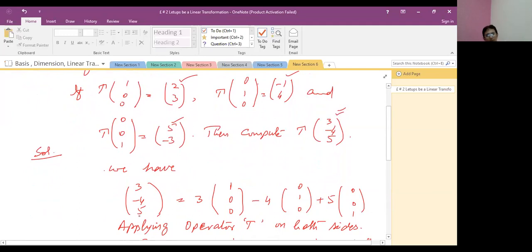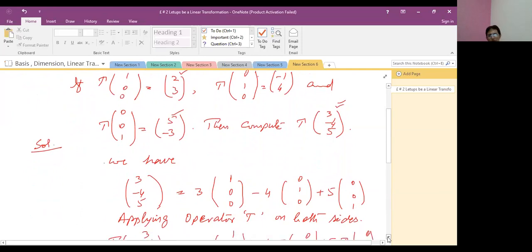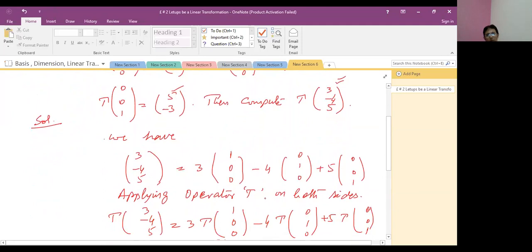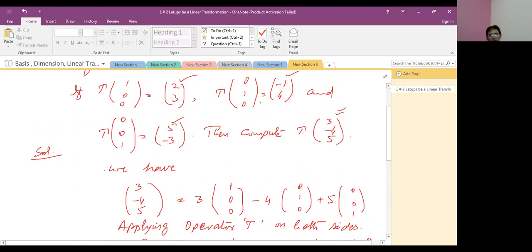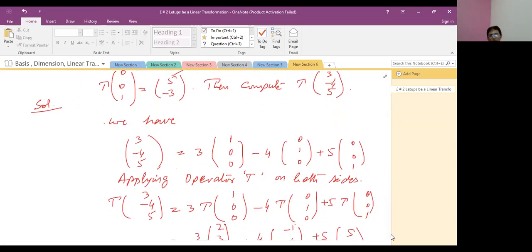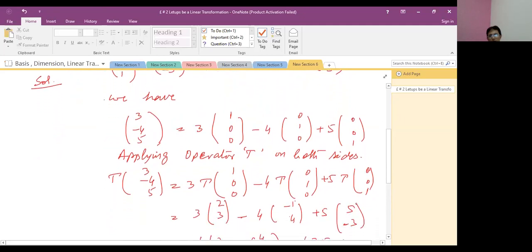And when we consider 5, it means (0, 0, 1). After that, we apply operator T on both sides. T(1, 0, 0) is (2, 3), T(0, 1, 0) is (-1, 4), and T(0, 0, 1) is (5, -3). So we put all these values.